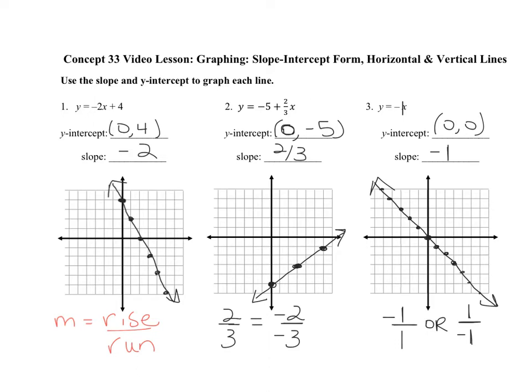Now, all of the ordered pairs on each of these lines, reminder, these are solutions to the equation. So if I wanted to double check to see if I did this correct, I could take an ordered pair off of the line, and remember, because it's a solution, that ordered pair should make my equation true. So just as a side note, let's take number 1 and let's actually take an ordered pair.